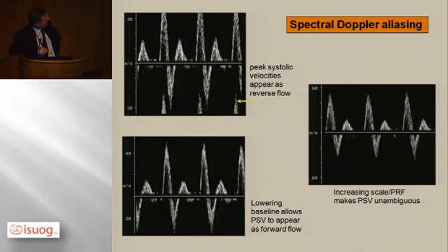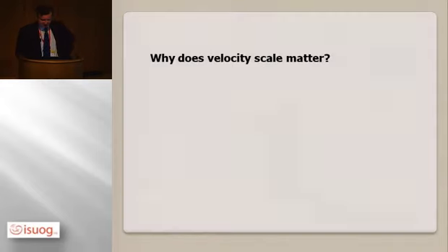So aliasing, the thing to do here is to almost invariably increase the velocity scale and move the baseline if you need to, or else you will get this very odd sort of image which you can't measure at all.